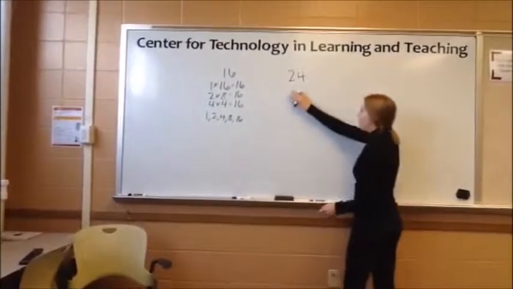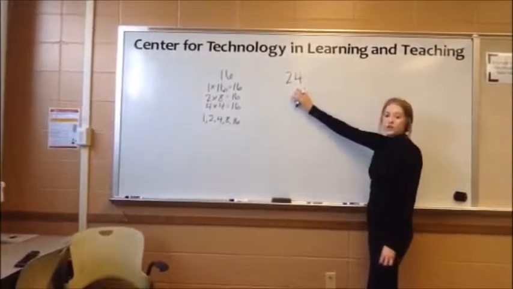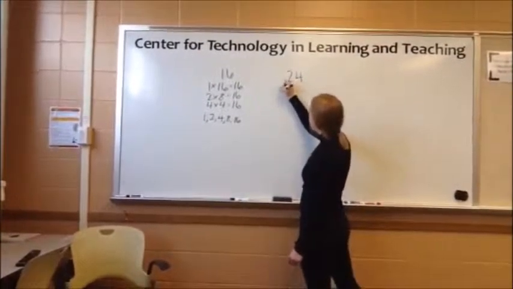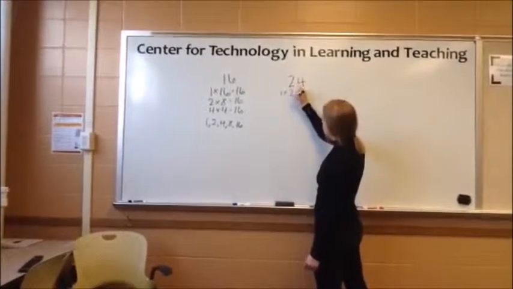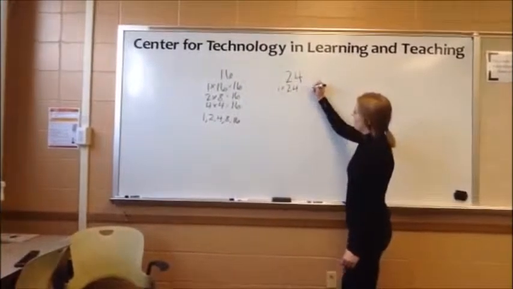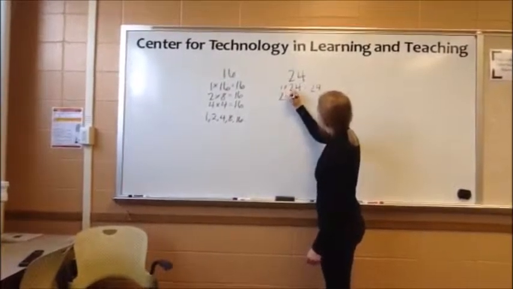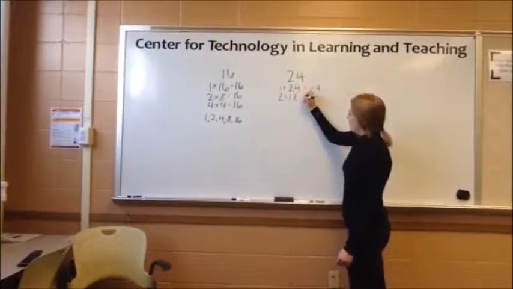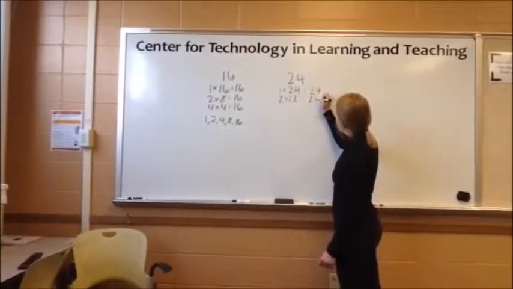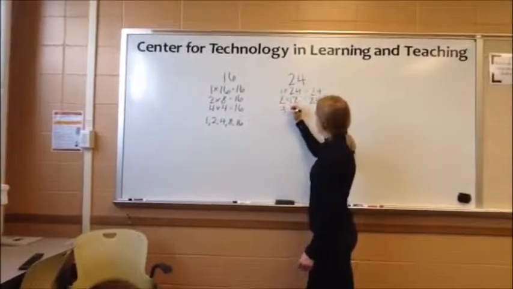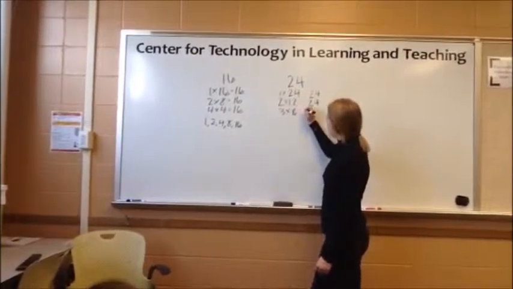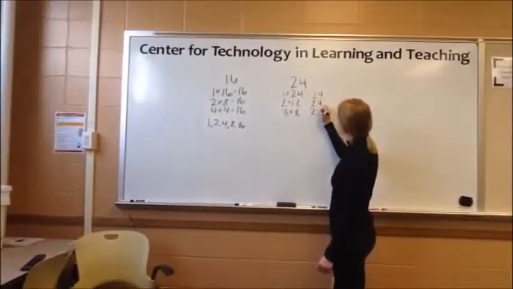So now I'm going to chop up and make 24 smaller. So I know that 1 times 24 equals 24. I know that 2 times 12 equals 24. I also know that 3 times 8 equals 24.